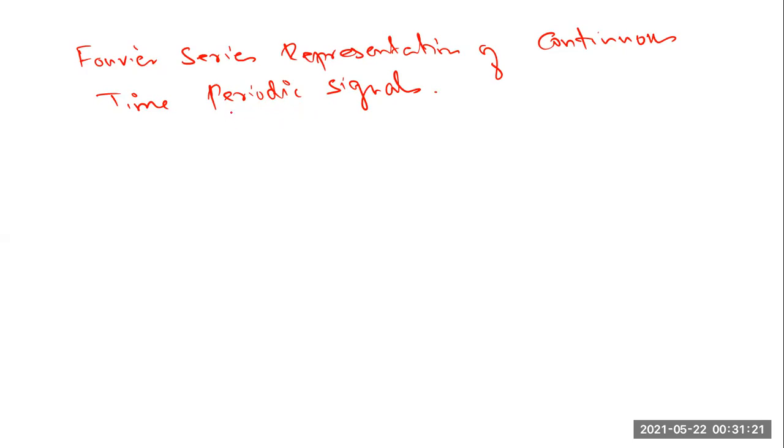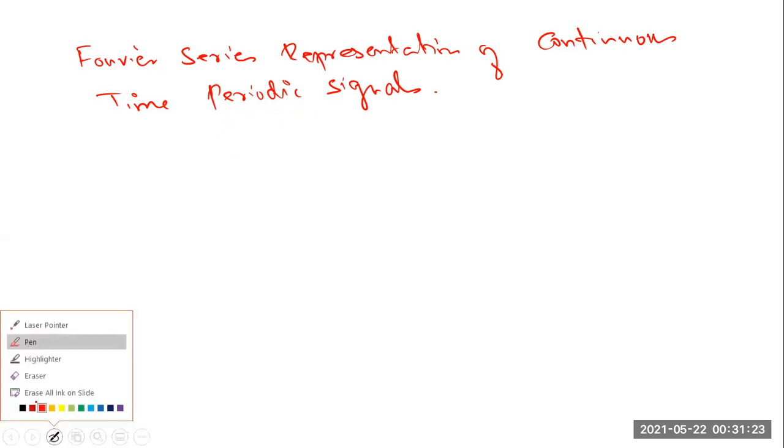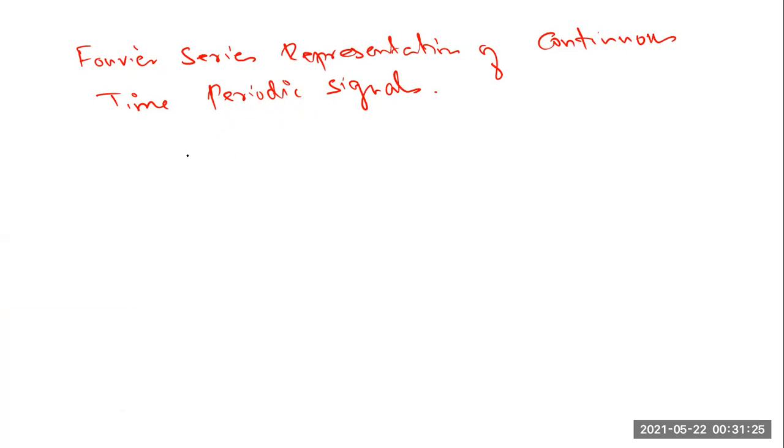So let's come to the basic definition of periodic signals. We have already talked about this property of a signal, that if any signal is periodic, it must fulfill this condition.